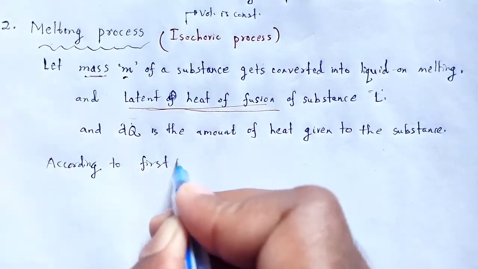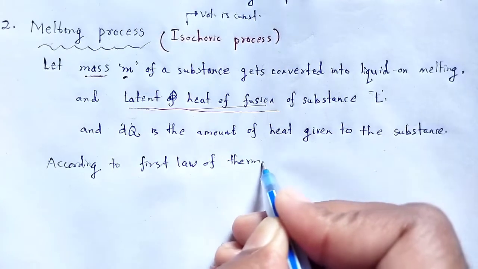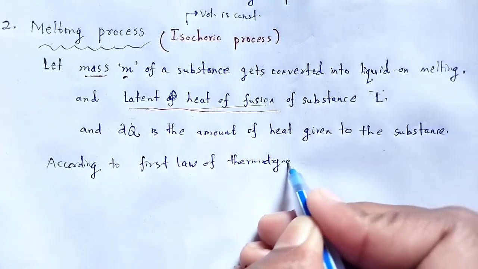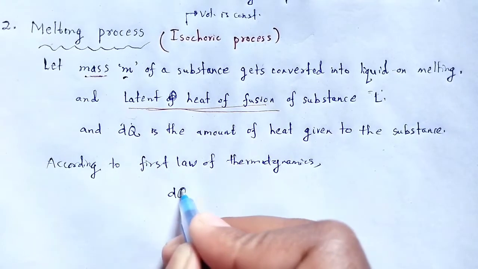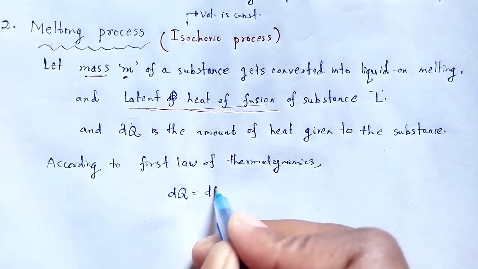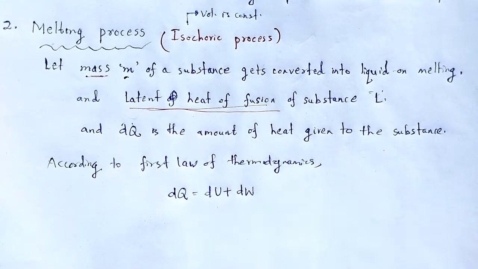the amount of heat supplied dq is used in the change in internal energy plus the work done against the external pressure dw.